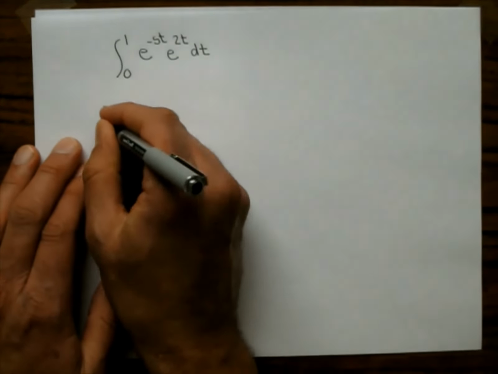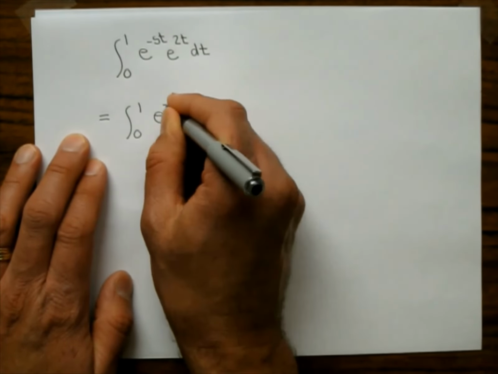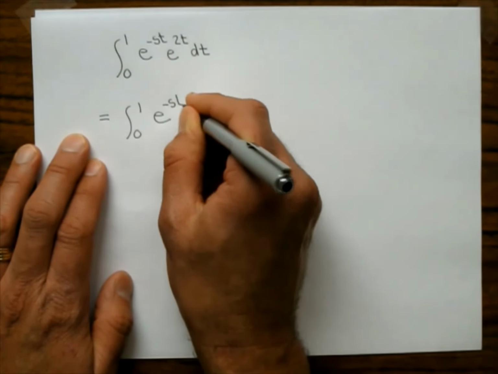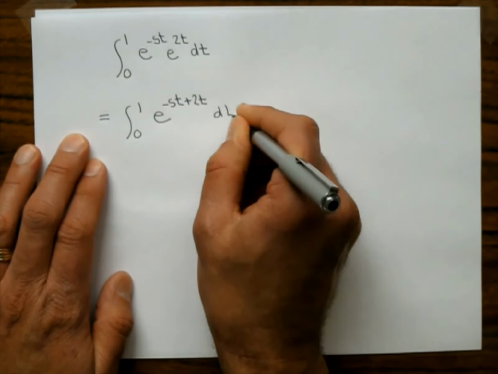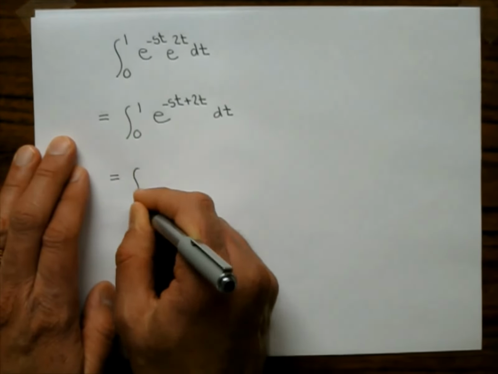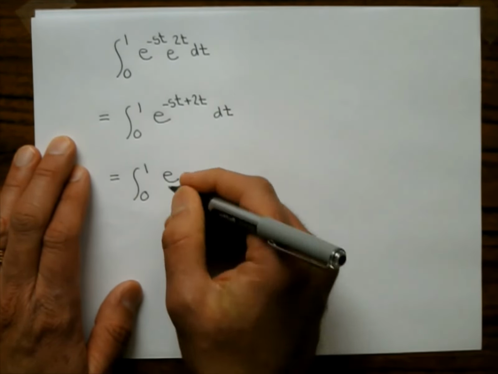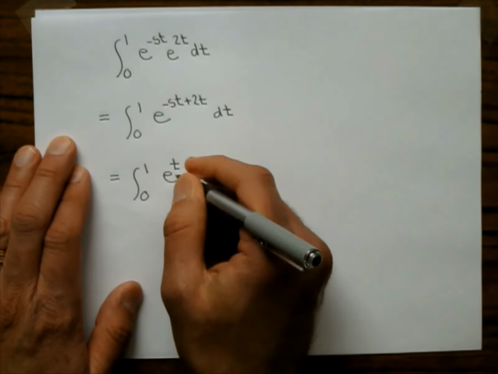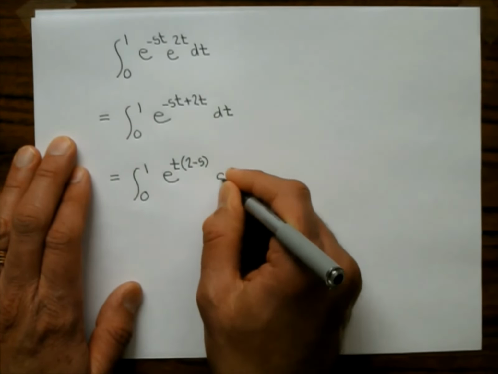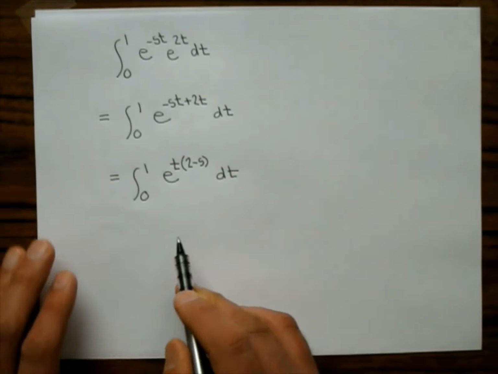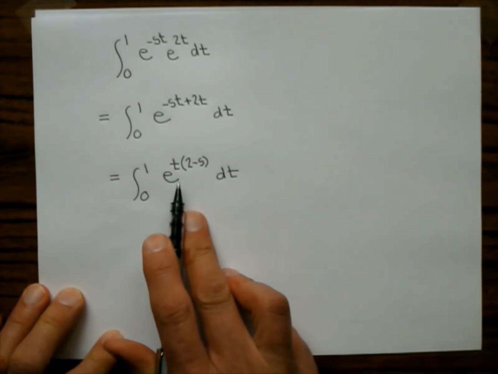So how am I going to do this? Well, I'm going to write this as e to the negative st plus 2t dt. I'm going to factor a t out, and I have negative s plus 2, or I'll write it as 2 minus s dt. Now I'm taking an integral with respect to t.